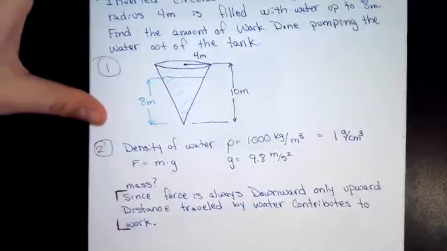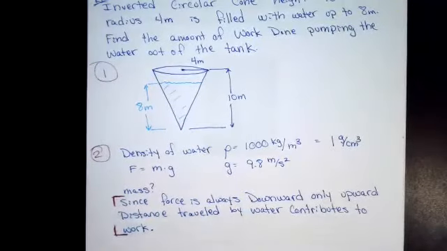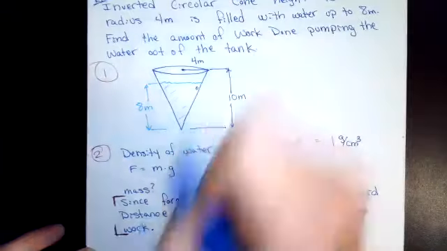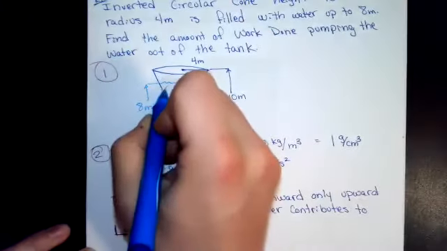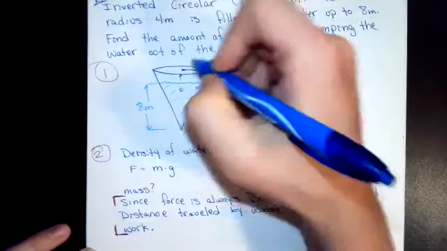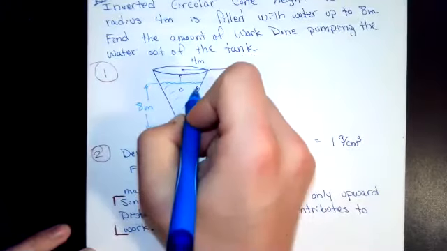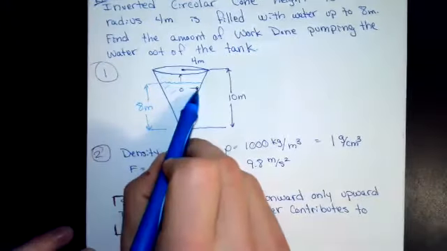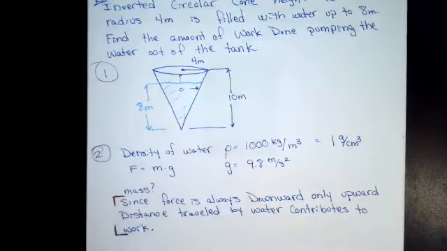Sorry for that being off camera. So what does that mean? That means if I have a little drop of water over here versus a little drop of water over here, when I pump these straight up, even if I take this drop of water and move it sideways and then move it straight up, moving it sideways theoretically doesn't require any force.